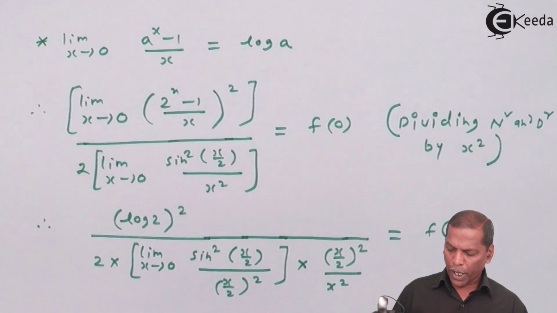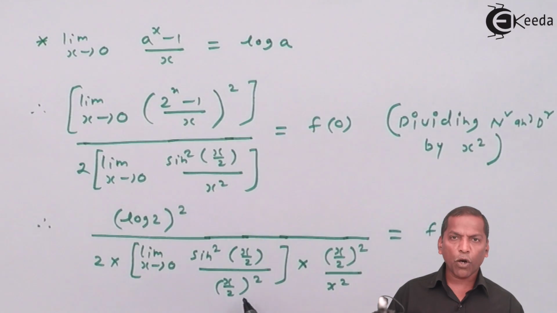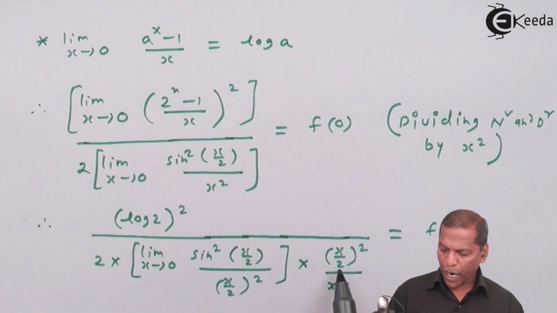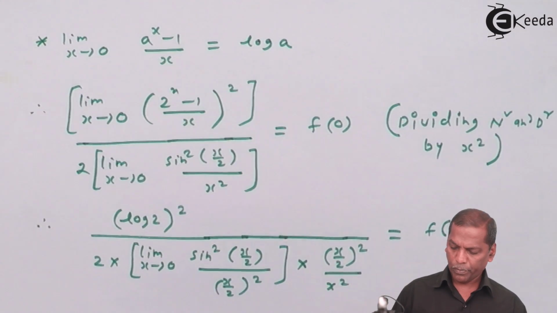It means here we multiply numerator and denominator by (x by 2) the whole square.